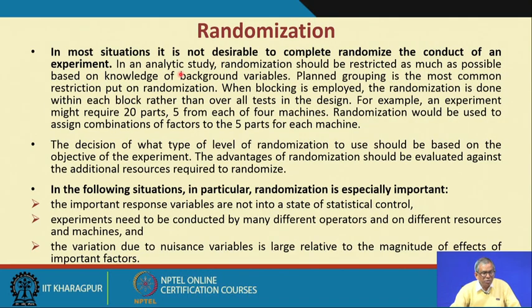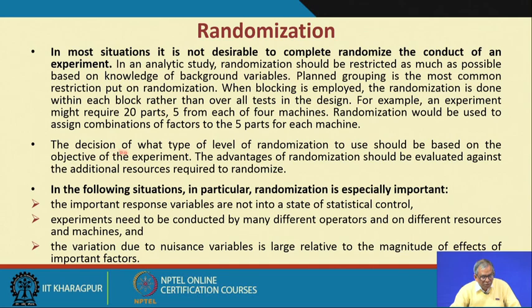In most situations it is not desirable to completely randomize the conduct of an experiment. It may not be feasible at all. Here is one example, so please go through this particular example. It's not that 100% randomization is possible or feasible in a given situation.